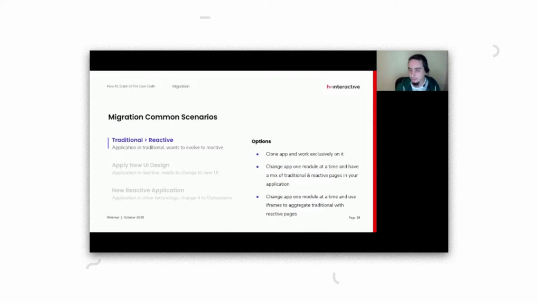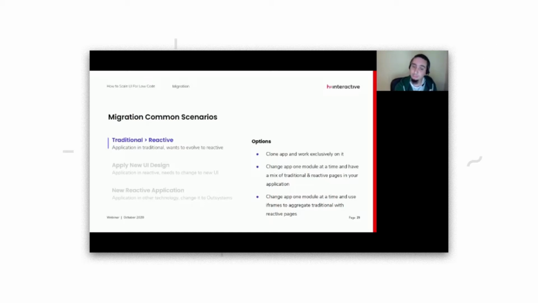The second thing that they can do is to change the application modules one at a time, and what they will end up with is an application with pages made in reactive and pages made in traditional.